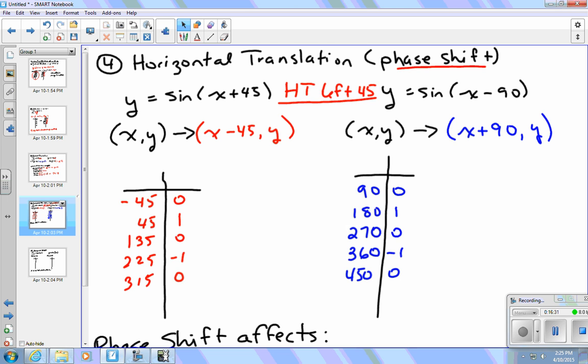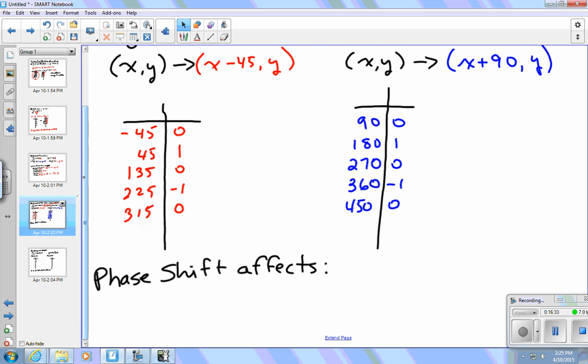So the phase shift, if you think of the characteristics of the sinusoidal curves, does it affect the amplitude? Does it affect the period? Does it affect your domain and range, etc.? The phase shift only affects where the cycle starts, or where you're starting the cycle at 0.